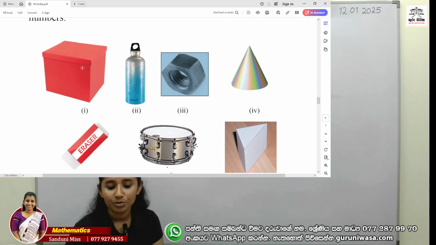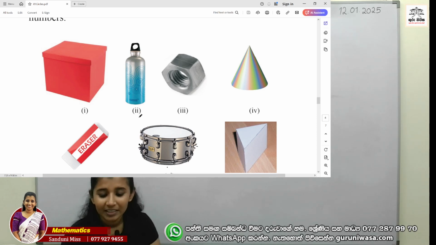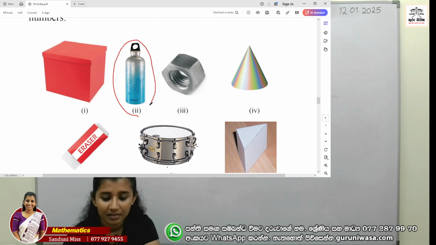Can you draw circles using this first object? No, right? You can't draw with it. What about the second one? Yes, obviously, the bottom of the bottle you can draw circles.